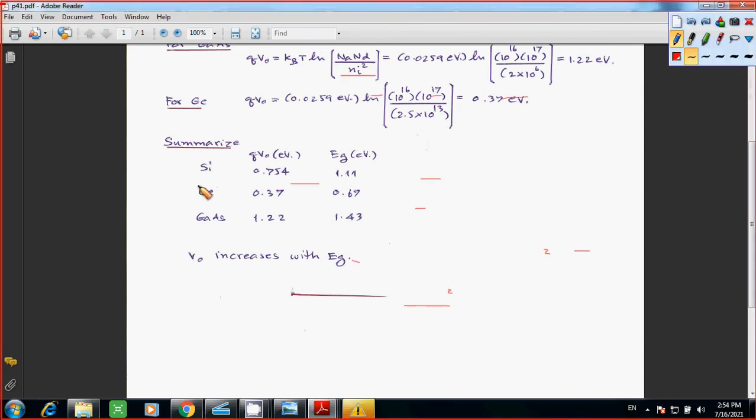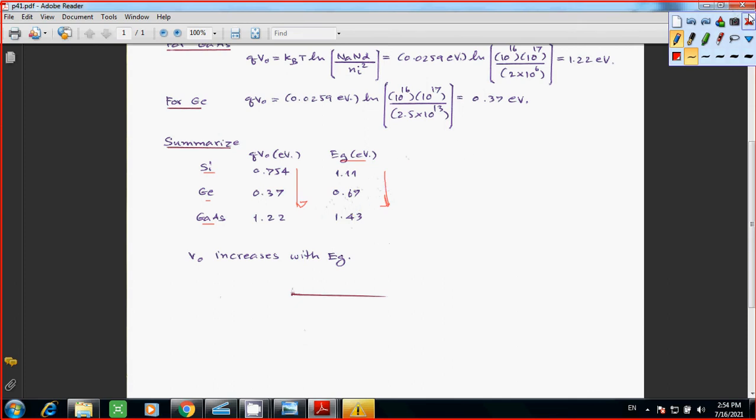For the summarization, I just compare different types of semiconductor materials. This is silicon, germanium, gallium arsenide, and from calculation we end up with the built-in potential for each type of semiconductor, and also the energy band gap. So you can see that the built-in potential increases when the energy band gap increases. It looks like I put something wrong.